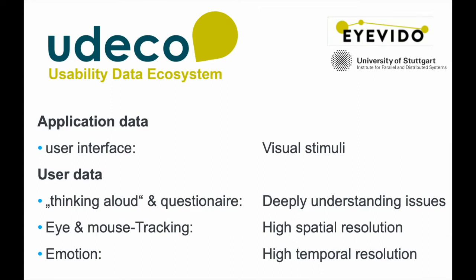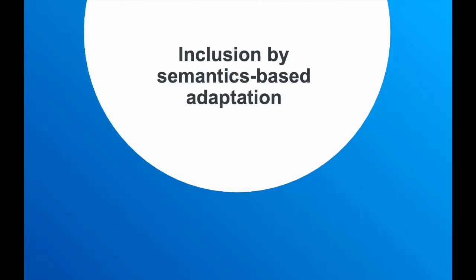But then when we look at eye and mouse tracking, we have a high spatial resolution of where people are engaging. But we also want to know, with emotions, where they are engaging in a beneficial way, in a way that they like or which they don't like.